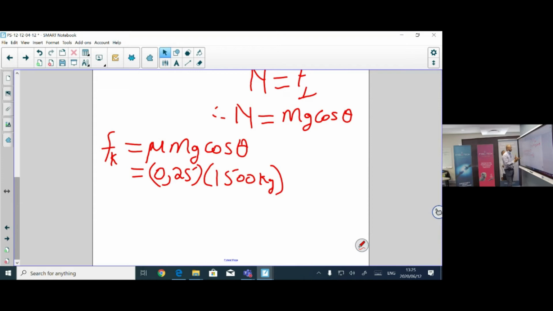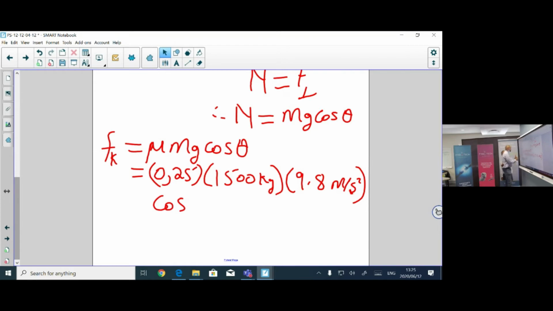And then g, gravitational acceleration, is approximately 9.8 meters per second squared. That is the gravitational acceleration. It's very, very important. You have to do that and then multiply by cos theta.